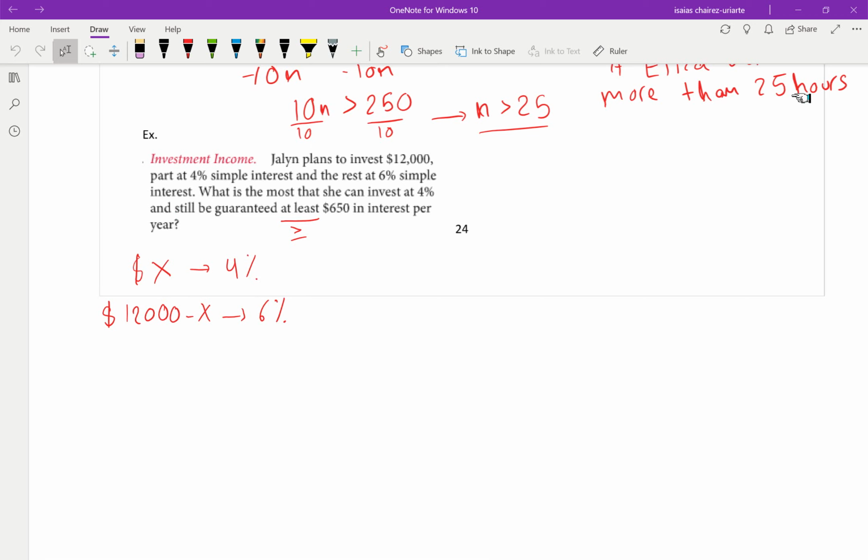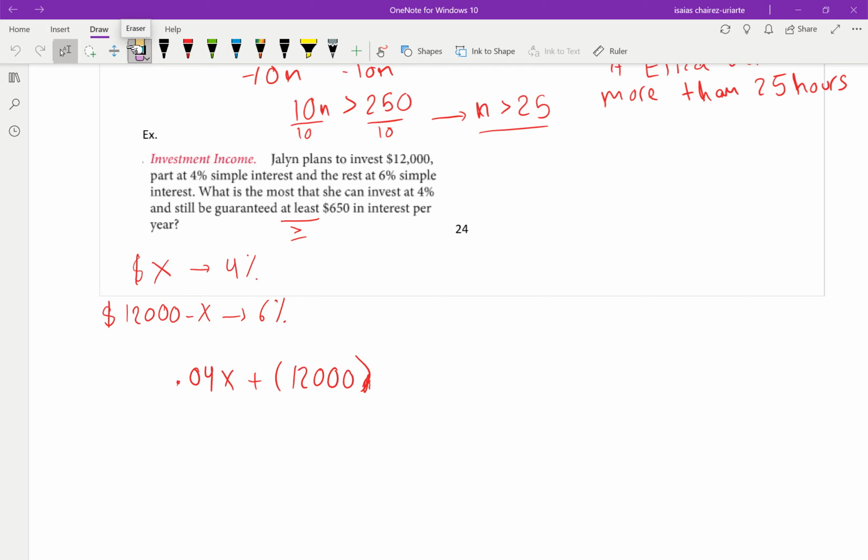So I'm going to set up a little equation. It's going to look something like this. 0.04x, so that's the interest that I get at the 4%, plus 12,000 times, 12,000. Oh gosh, I need to erase that parentheses, but my computer is not going to allow me to use my eraser.